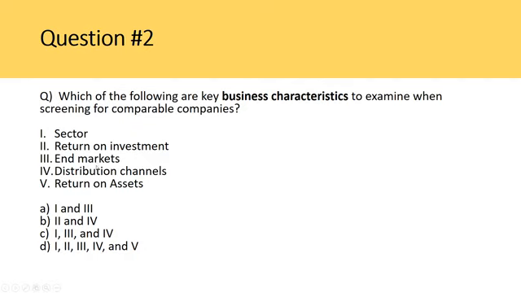End markets is a very, very important characteristic, so is distribution channels, to really determine whether the business is serving the same customers and therefore susceptible to the same cycles of the economy. But return on assets would not be, because it is, again, another financial metric. So 1, 3, and 4 would be the business characteristics that are important for screening comparable companies. So the answer would be C.